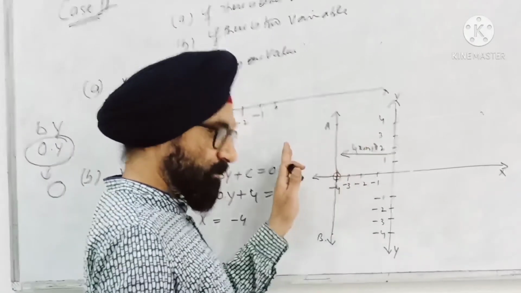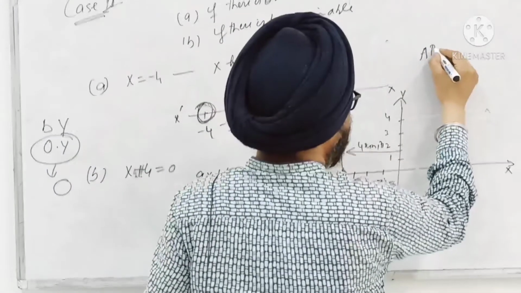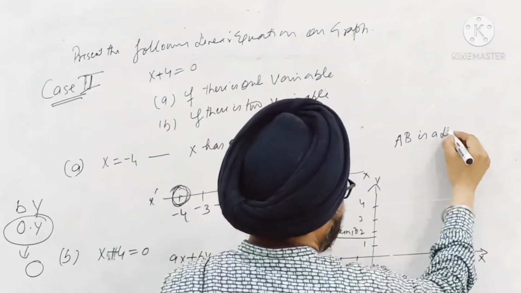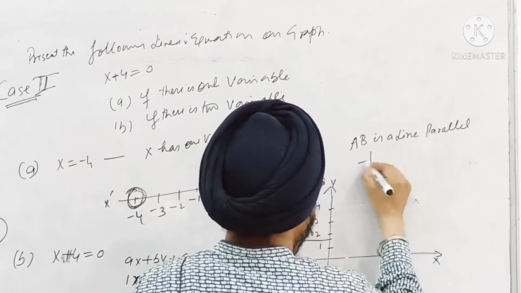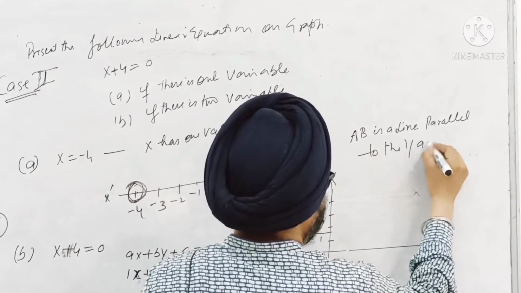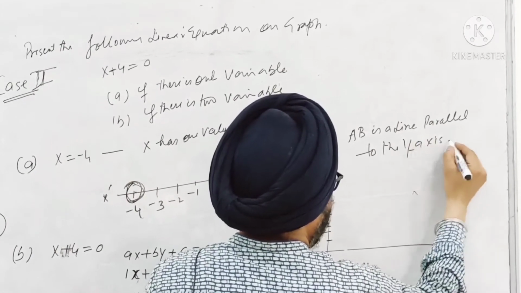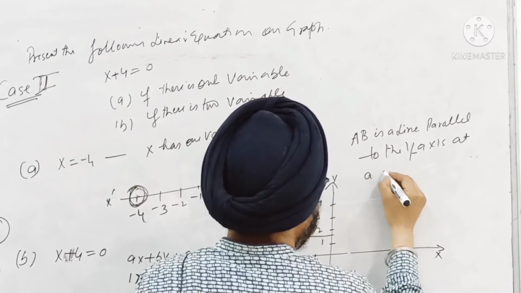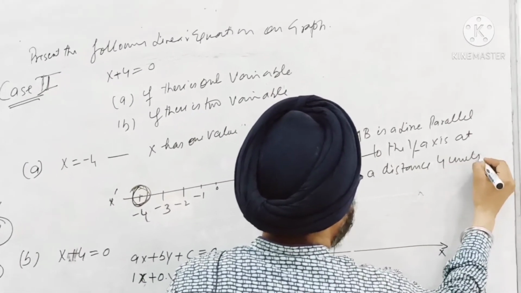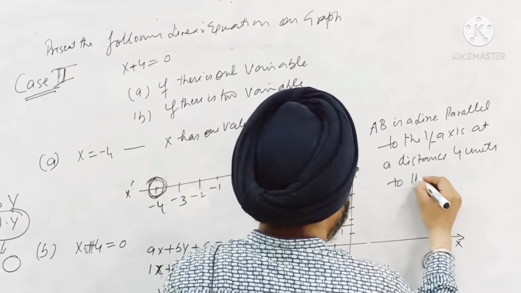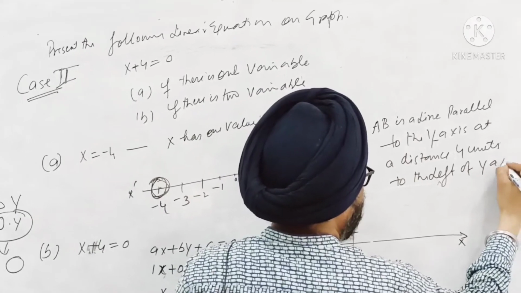This is the left hand side. AB is a line parallel to the y-axis at a distance of 4 units to the left of y-axis.